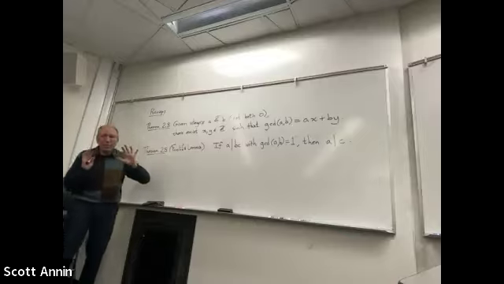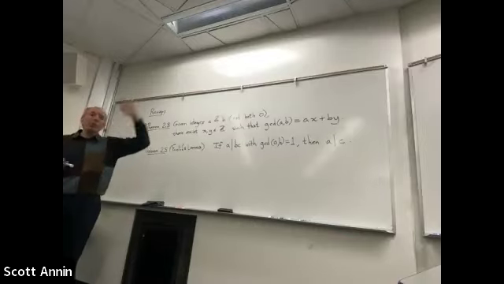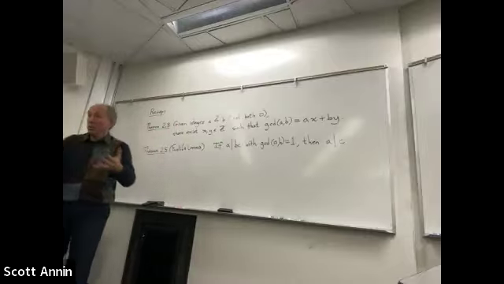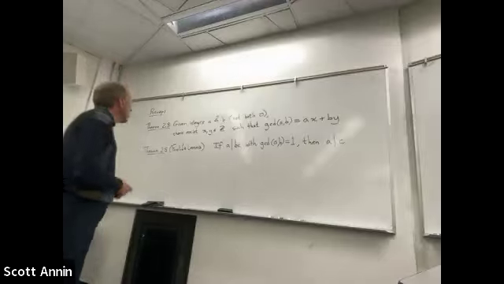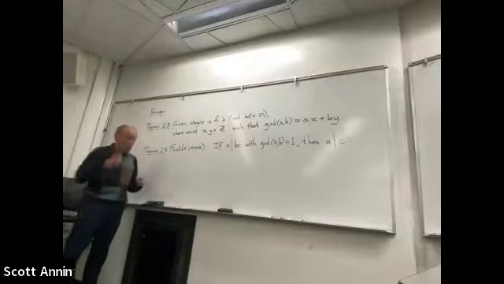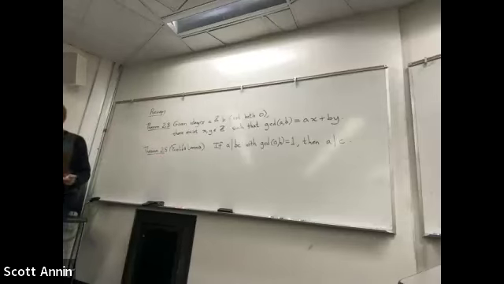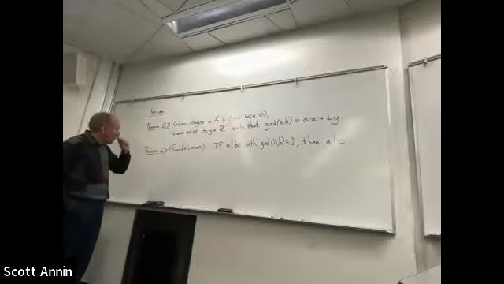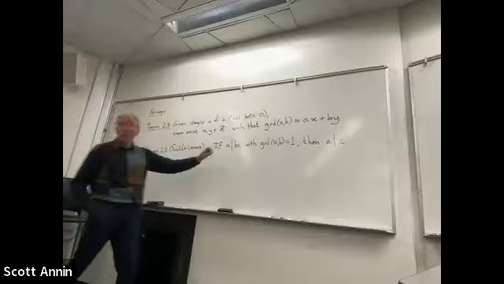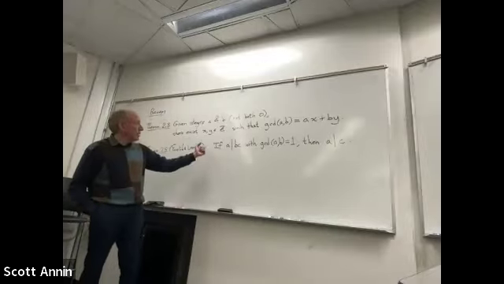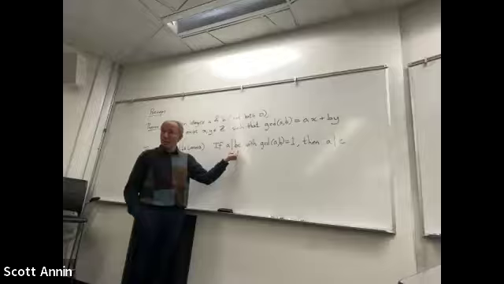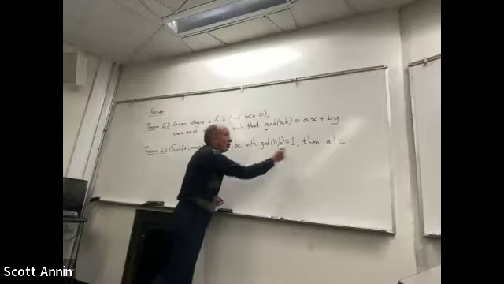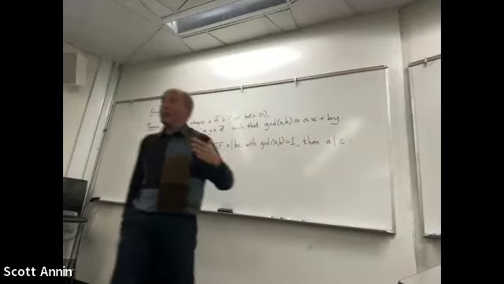I don't particularly care that you memorize numbers of theorems. I put them up here, of course, so that you can keep compatible with the book. But whenever I know a name of a theorem, like Euclid's lemma, I will write it that way for you. Otherwise, my best way to refer to them is through the book's numbers. Euclid's lemma is another really important one. We're going to use this one today as well, which is that if a divides the product of two numbers, bc, and if a and b have no common factors, that means their greatest common divisor is equal to 1.